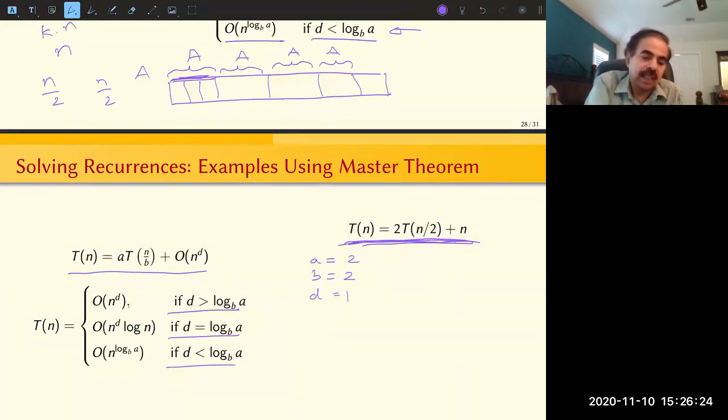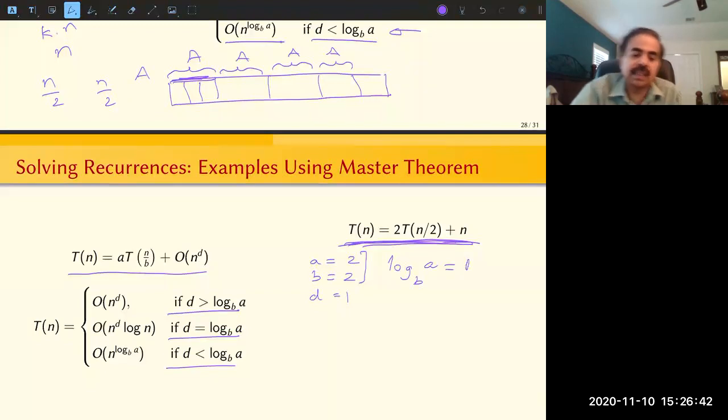So let's compute log of A with respect to the base B. What is that in this case? Also 1. A and B are the same, of course. Therefore, B to the power 1 equals A. So we have D equal to 1, log A equals 1. So we have a situation that corresponds to this case.